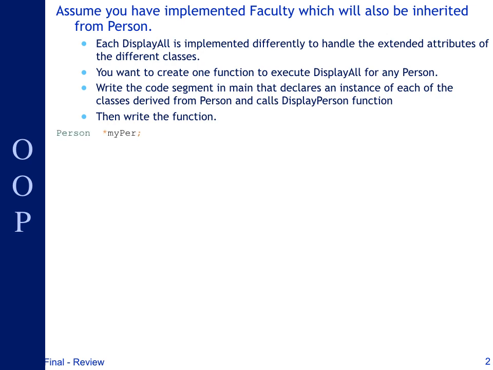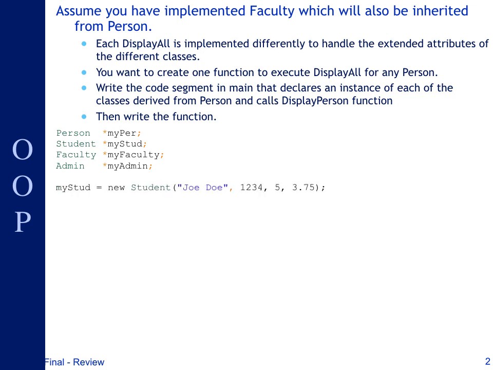Over here we declare a pointer of each type. So there's a pointer, my person, for a person, my student for a student, my faculty for a faculty, and my admin for an admin. What we do with that is we use the student pointer to create a new student, and initialize the student.